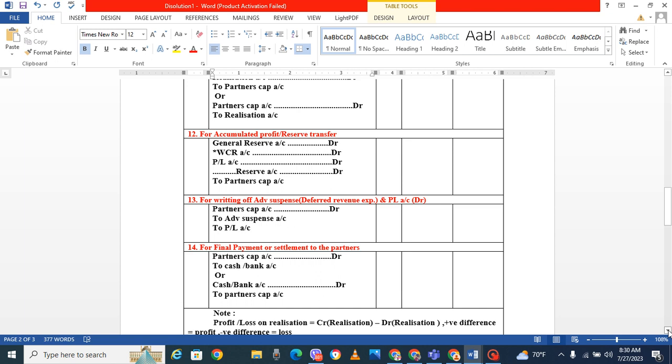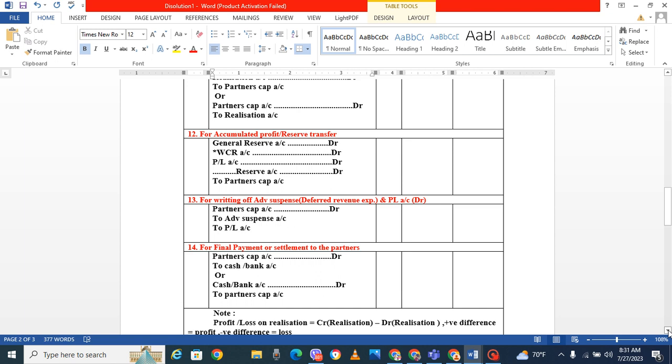The entry will be general reserve account debit, WCR account debit, PL account debit, reserve account debit, to partner's capital. I have given a star on WCR because there might be some claim, so we have to treat WCR in a separate way at that time. I'll be discussing this in later topics.